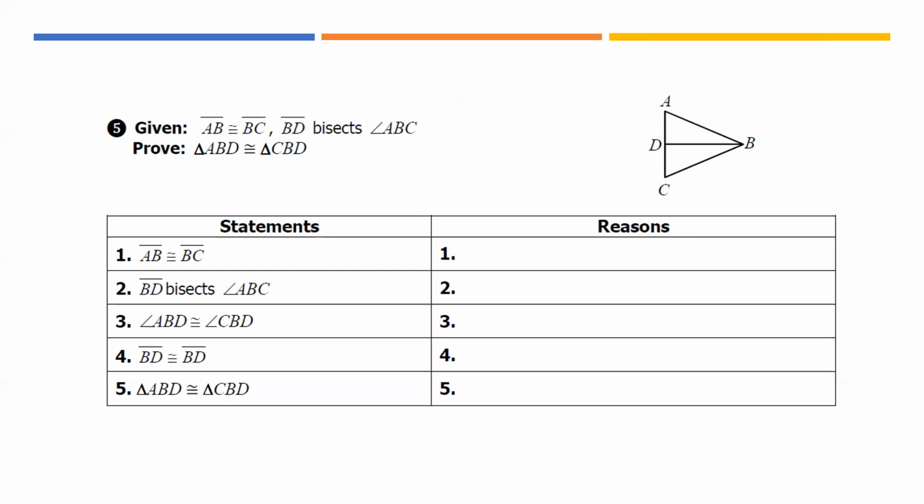In example 5, the given says, oh, before I do that, redraw your triangles. Triangle ADB: triangle A corresponds to C, D corresponds to itself, and B corresponds to itself. All right, AB is congruent to BC, that was given.